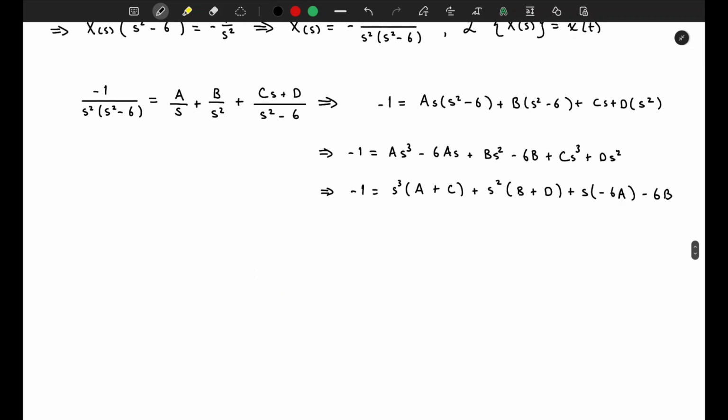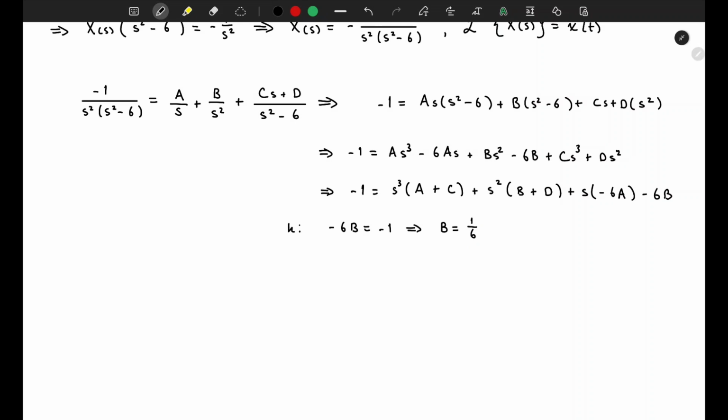So now let's just start solving for our constants a, b, c, and d. Let's start off with b, since we're able to find a numeric value. For the constant, we have negative 6b, and it's equal to negative 1, which if we solve for, we get b is equal to 1 over 6.